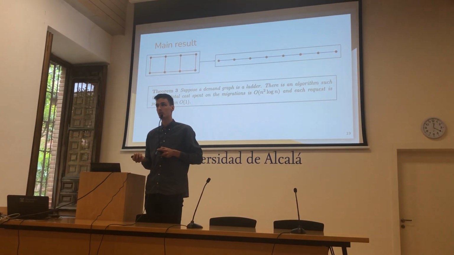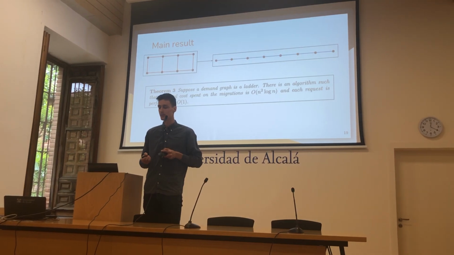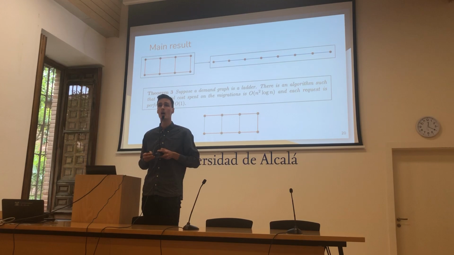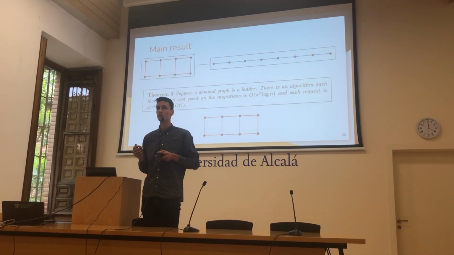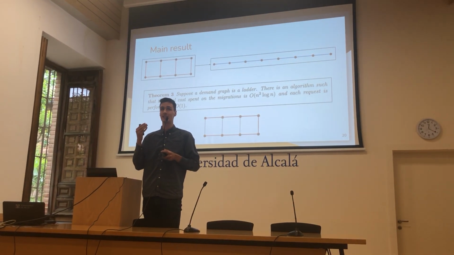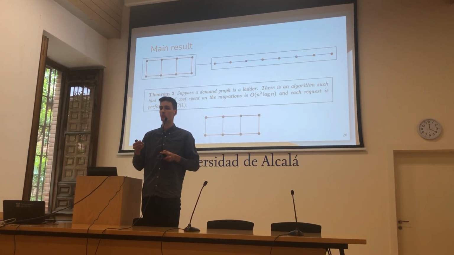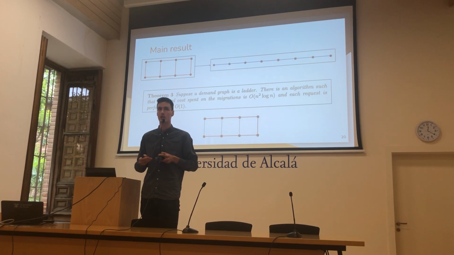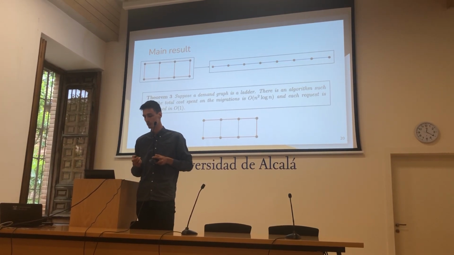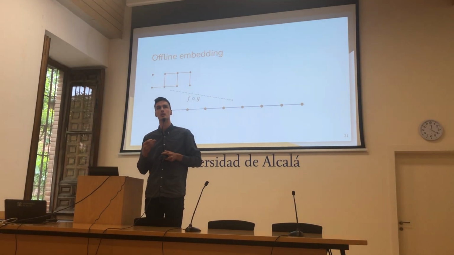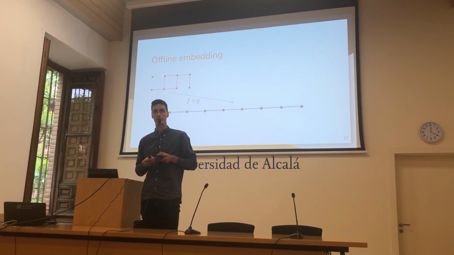So one might ask, what about the lower bound in this case? And I would reply that the lower bound is not really needed here, because the ladder demand graph by itself contains the line demand graph, and therefore any lower bound which holds for the line is also applicable for the ladder.